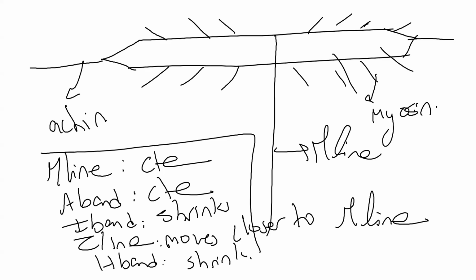You can memorize it this way: I memorized it as HIZ, or high. H, I, and Z, three of them will change. However, everything else will stay constant. So H will shrink, I will shrink, Z will move closer to the M. However, the M will stay constant, will never move, and the A will stay constant. You should memorize this by heart.